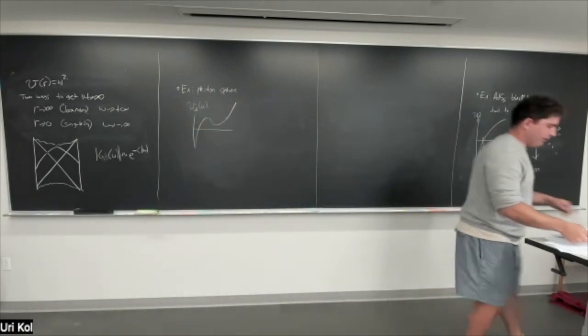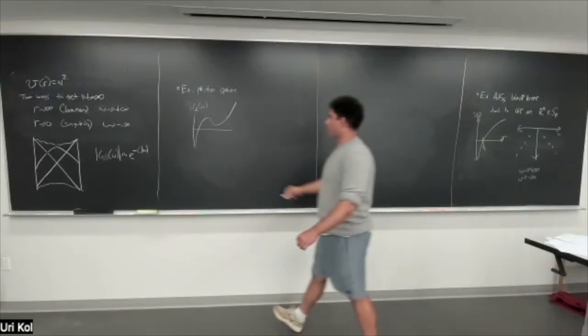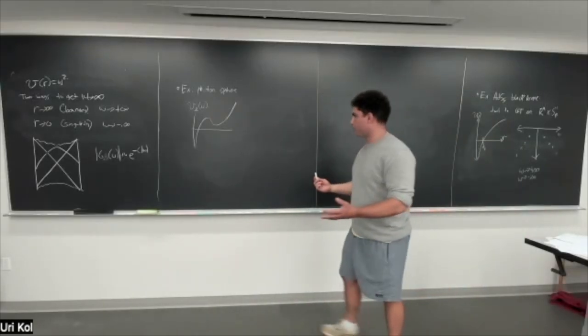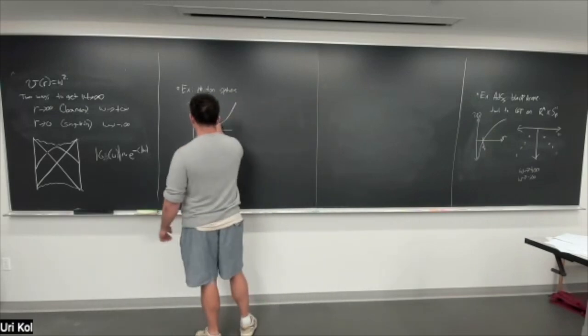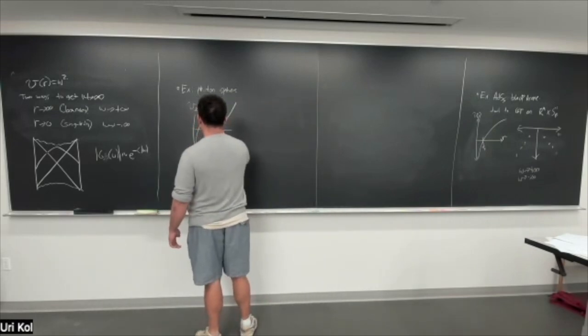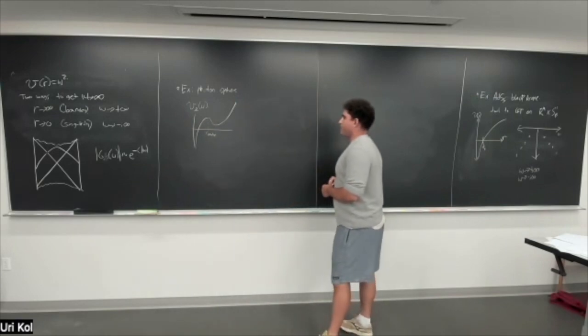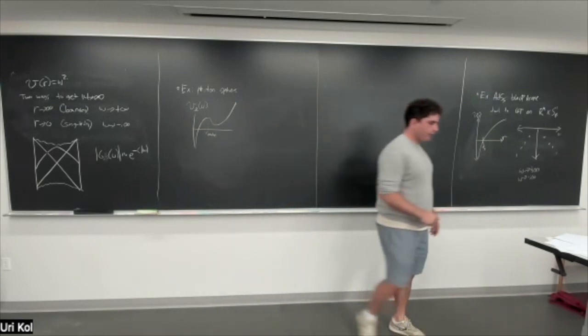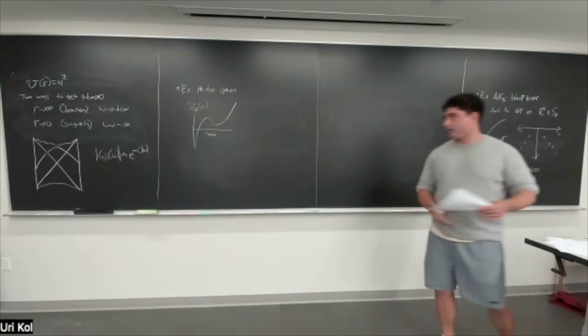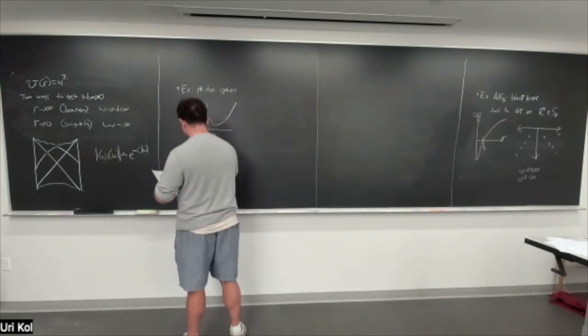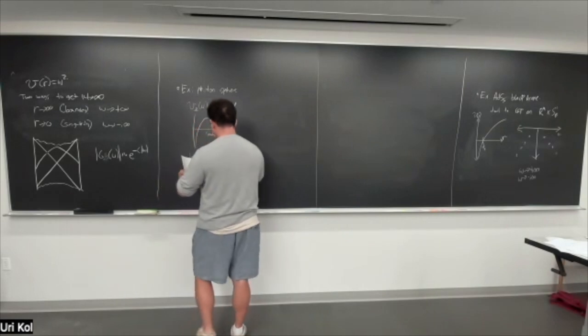So before it was monotonic, and now it has an unstable maximum. So this is called the photon sphere. And in the spectrum of quasi-normal modes, what you find, up to some technicalities which I'll explain in a second, is the following.